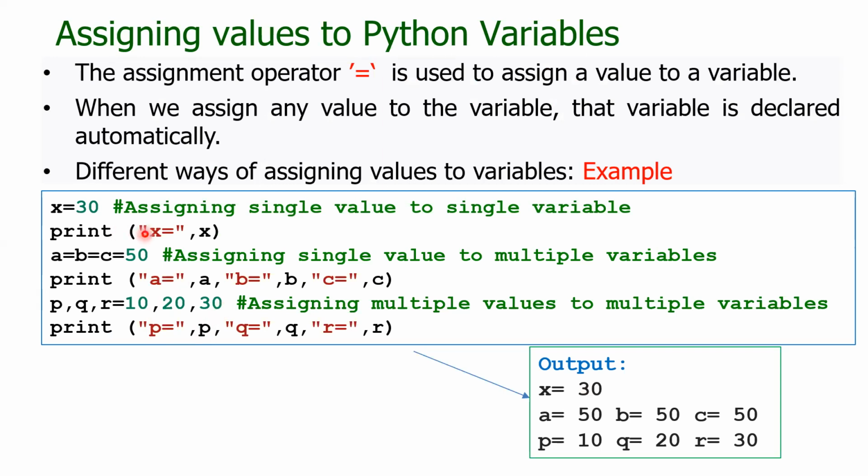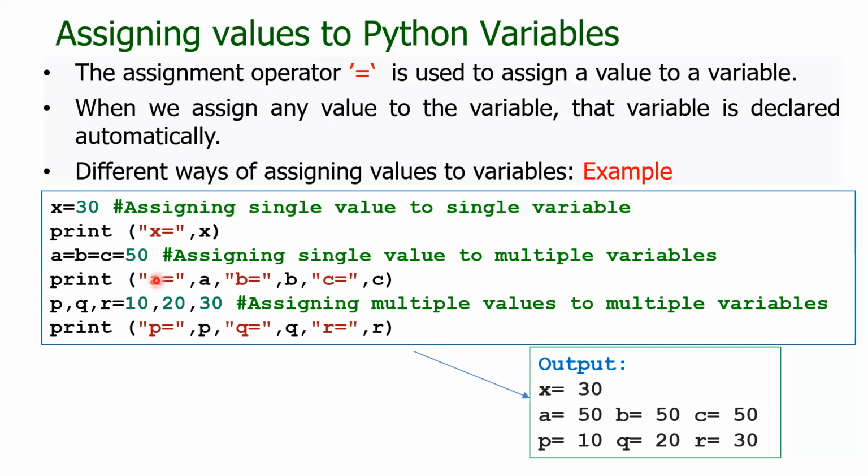If we try to print the values of all these variables, assigning a single value to a single variable, print x, here the value of x is printed as 30. You can observe in the output here. And similarly, a equal to b equal to c equal to 50. After this assignment statement, if you try to print the values of a, b and c, we are going to see that the output is printing a equal to 50, b equal to 50 and c equal to 50.